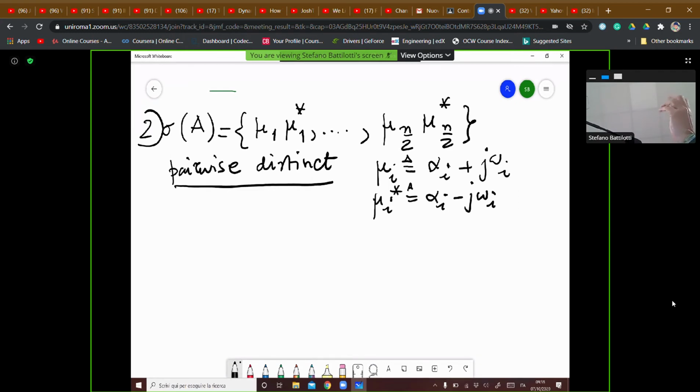So what we have here in general is that instead of one single eigenvector associated to the pair of eigenvalues mu i, mu i star, we have a pair of eigenvectors. In particular, one eigenvector and its complex conjugate counterpart.